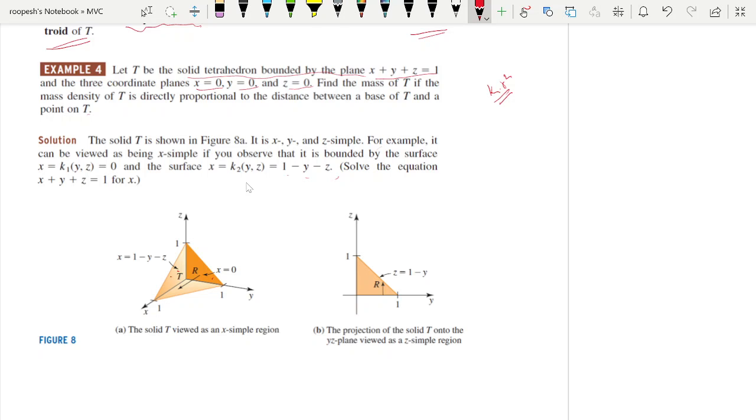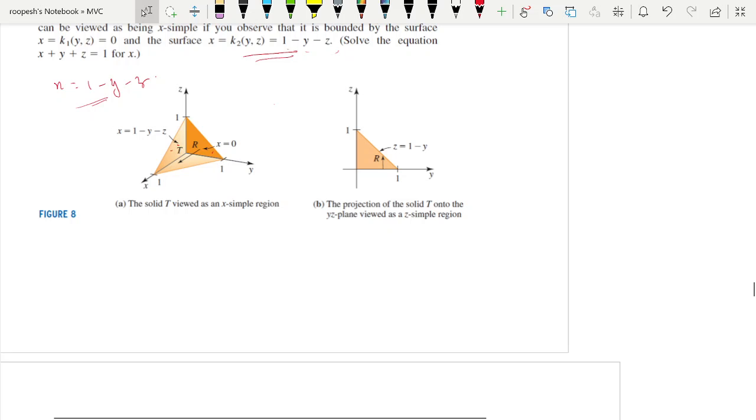Now solve the equation x plus y plus z equals 1 for x. We get x equals 1 minus y minus z. So we have taken that as the limit.